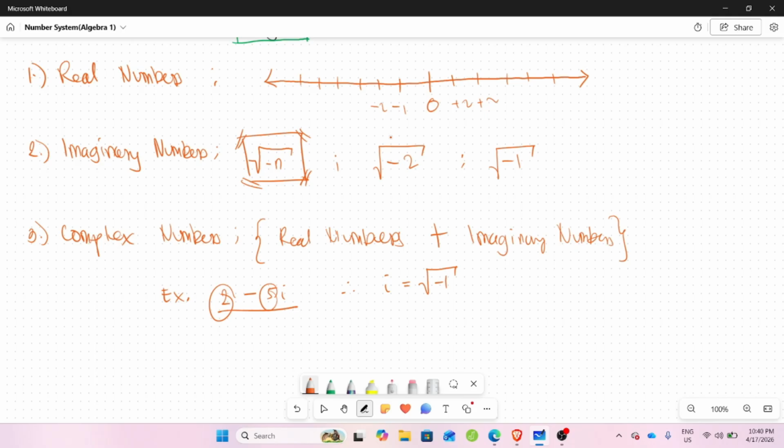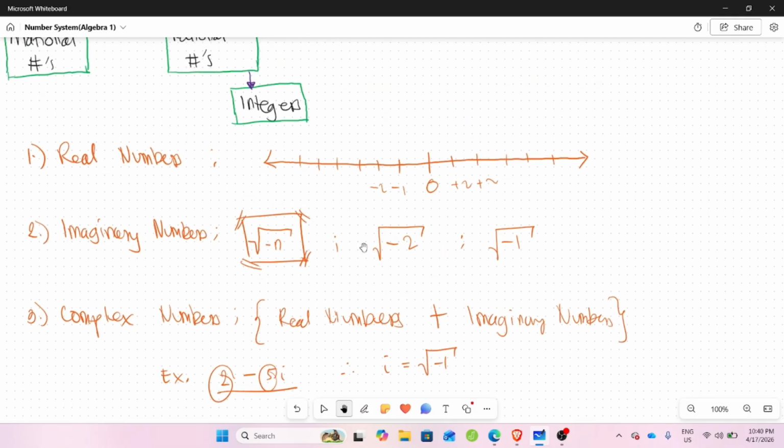This is also applied normally. We use this in physics, also in quantum mechanics. Not just in quantum mechanics, but for normalization of the function, we tend to use this kind of number system.